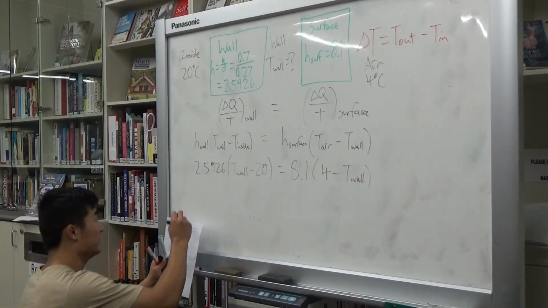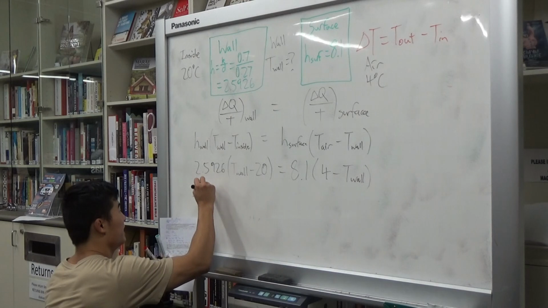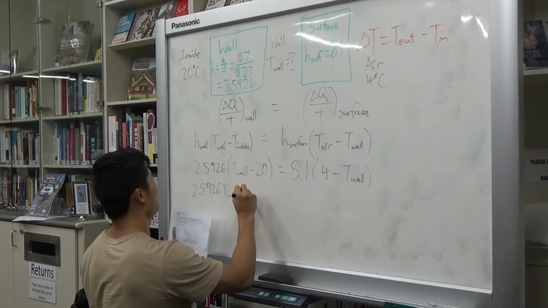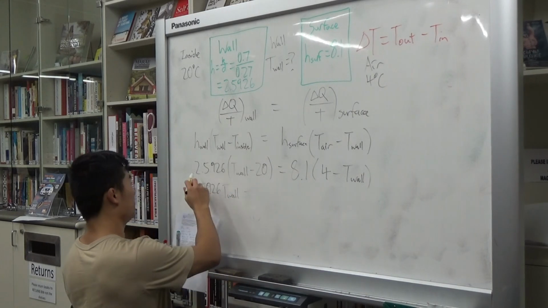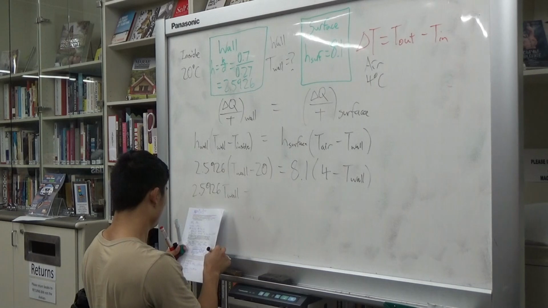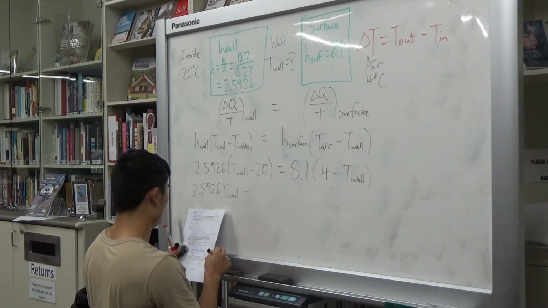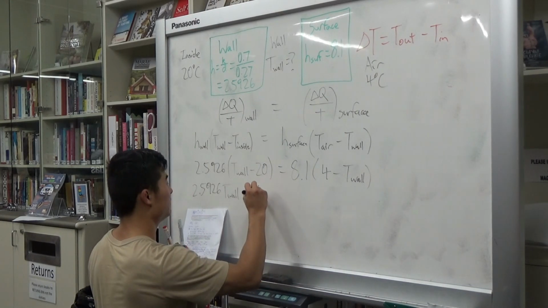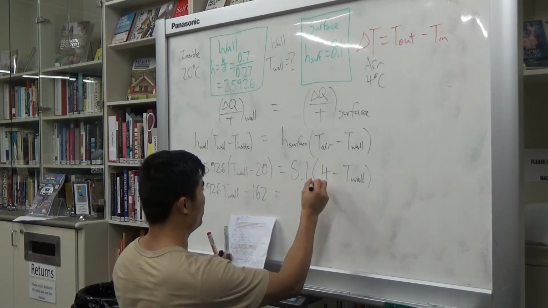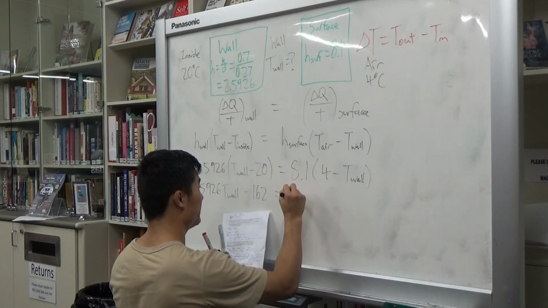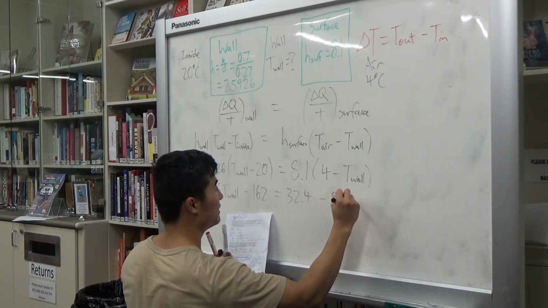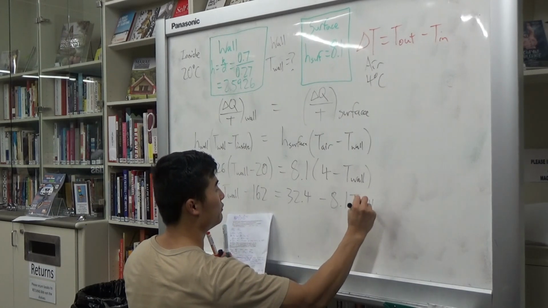Okay, and then that's 2.5926 times T wall, and then multiply 2.5926 times negative 20, which is negative 162. So 8.1 times 4 is 32.4 minus 8.1 T wall.